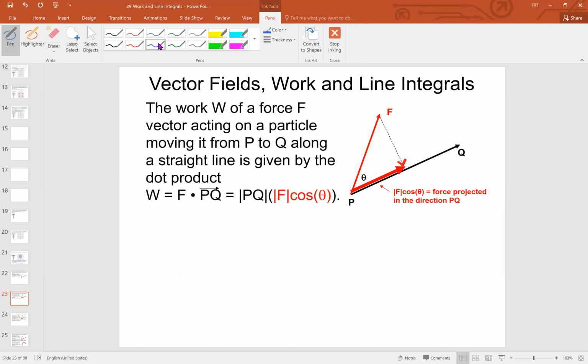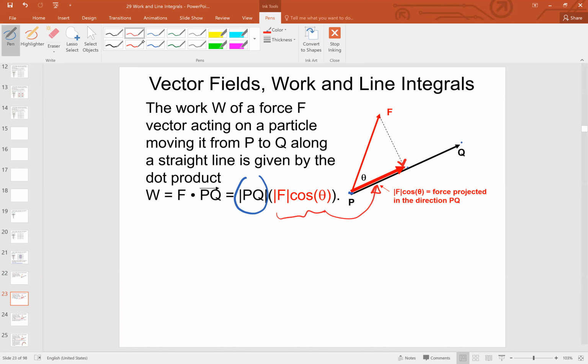Therefore, the amount of work done is the length of the force in that direction times the distance from P to Q. The projection of the force, by trigonometry, is the length of F times cosine of theta. That's the length of this component force.